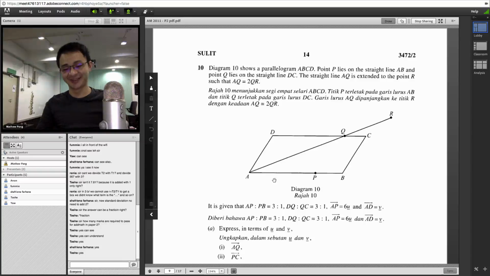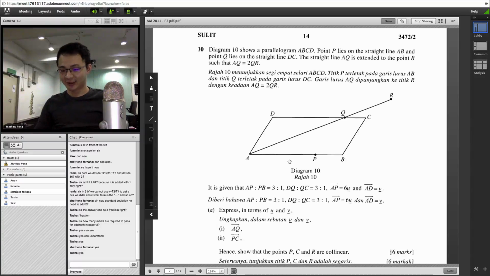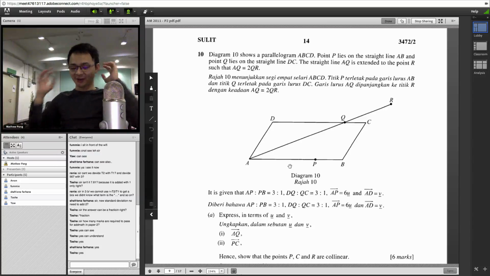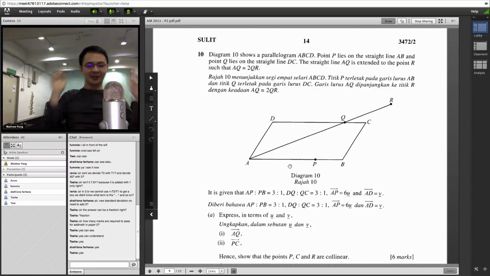To vectors. Let's have a look at this vector question. Diagram 10 shows the parallelogram ABCD, and point P lies on the straight line AB and point Q lies on the straight line DC.